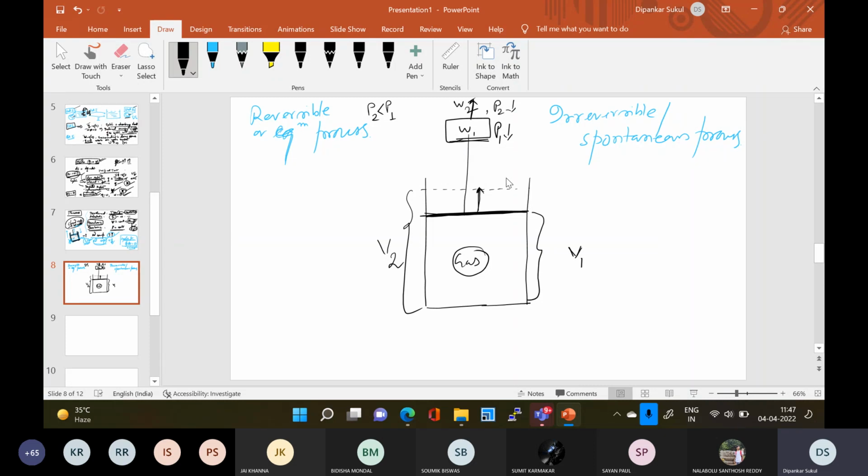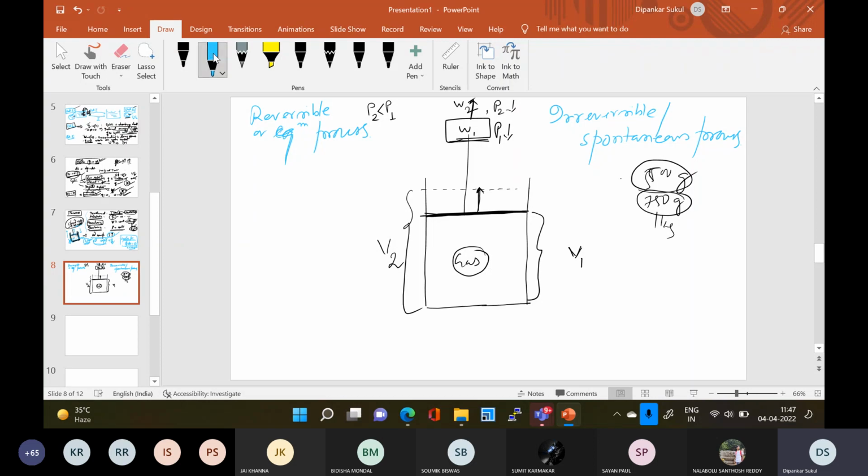Now I can increase the number of intermediate steps. Initially there was 1 kg, final 500 gram. So first I have replaced it with a 750 gram weight, and then I have put a 500 gram weight.